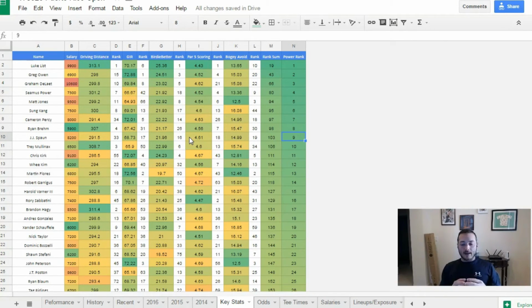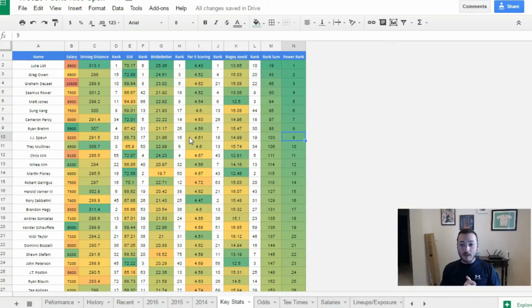Now, with that being said, there's always a core of key stats that you'll be fine with. Things like strokes gained, take your pick: strokes gained tee to green, strokes gained around the green. If it's a course that has really small greens, where people don't hit a lot of greens in regulation, stats like scrambling or strokes gained around the green would come into play.